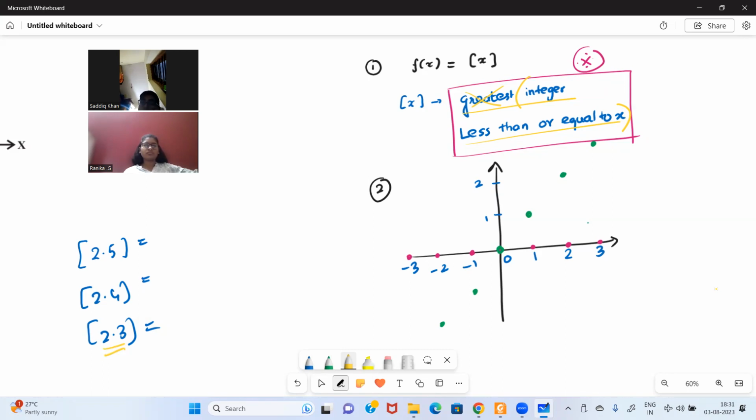All the integers, so 2 and then 1, 0, -1, -2. Yes, sir. Among them, which is the greatest? 2. So that's the answer. Is it clear to everybody? Yes, sir. Sir, can you explain this again? I will do that. Yes, sir.